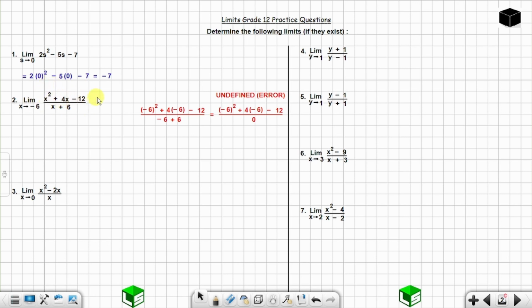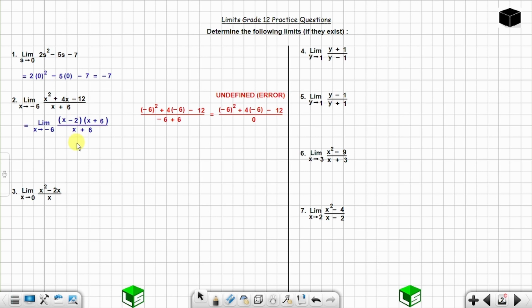You can factorize the top part. So this is equal to the limit as x approaches negative 6. You factorize what you have at the top. I hope you know how to factorize. This is over x plus 6.